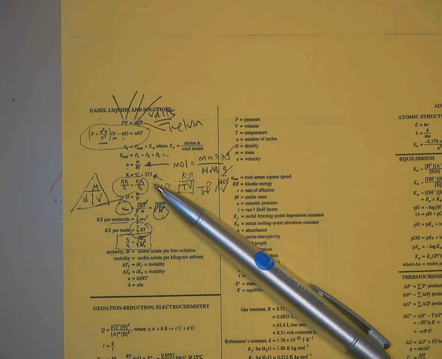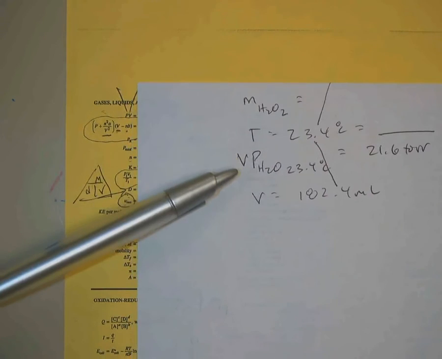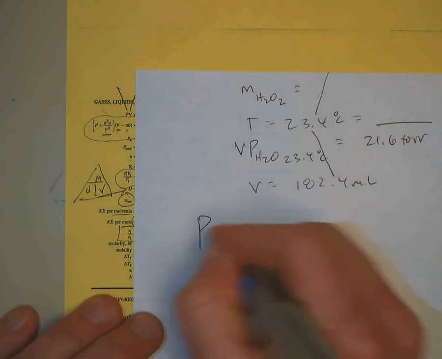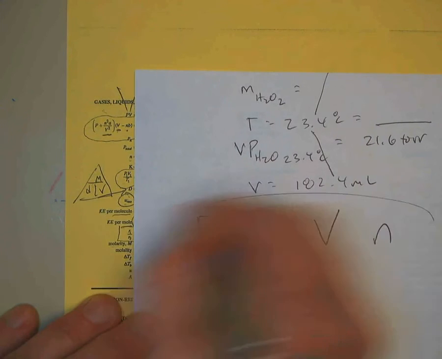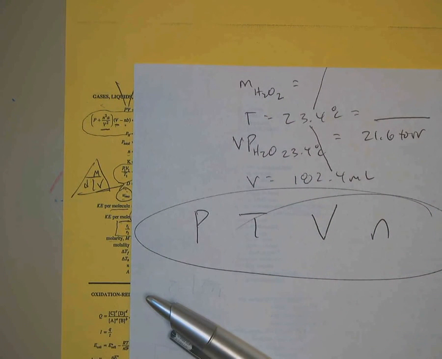And lastly, the number one thing I could say when you're doing these problems is the very first and most important thing you can do is organize all the data that they give you, like I did right here with mass, temperature, vapor pressure, volume, number of moles of gas, and make sure that you're using the Kelvin temperatures and relating all the different factors, pressure, temperature, volume, and number of moles of gas to each other. Good luck on your gas law problems.